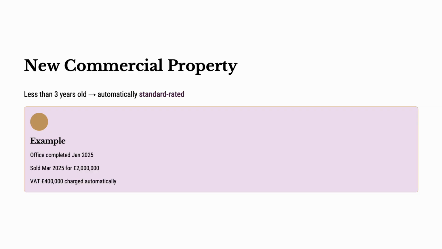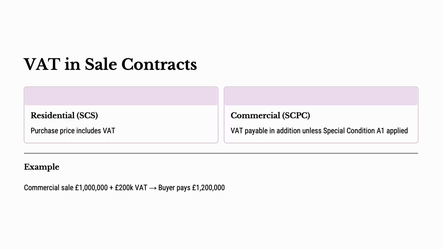The VAT is £400,000, and that is charged automatically because the building is less than 3 years old. Total price is £2.4 million. The buyer needs to know this in advance so they can budget for it. If they are VAT registered and making taxable supplies, they can recover the £400,000. If not, it's a real cost. And this 3-year rule is very frequently tested in the SQE exam.